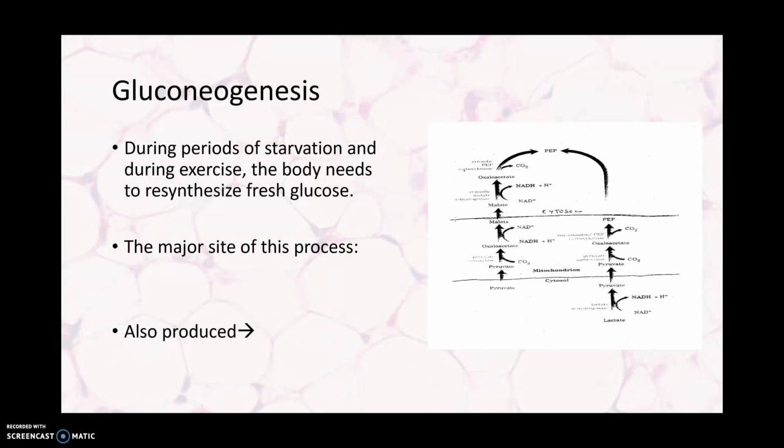Major site for this process is in the liver. It does occur in the cortex of our kidney, but the amount of glucose produced is 1/10 of that made in the liver. So again, this can occur in the cortex of our kidney. However, the major source of gluconeogenesis where it's being generated is within our liver. Okay? I want you to all know that.